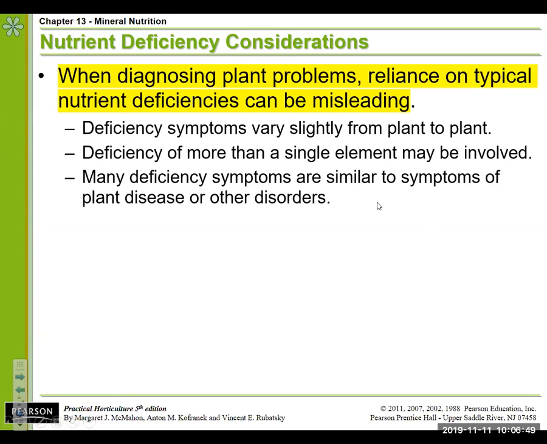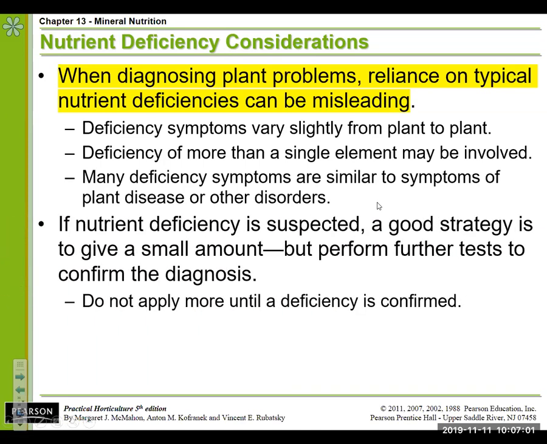A lot of them also can look like plant disease or other disorders. But of course, if it's not a disease, it has to be corrected by providing that nutrient. So one good strategy to confirm or deny a diagnosis: first, let's think about doing a soil test.